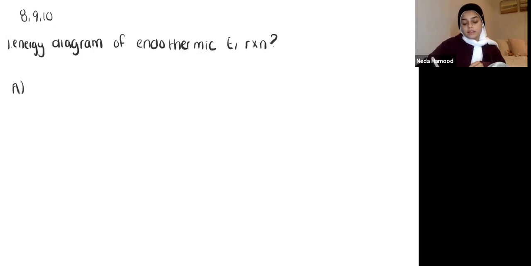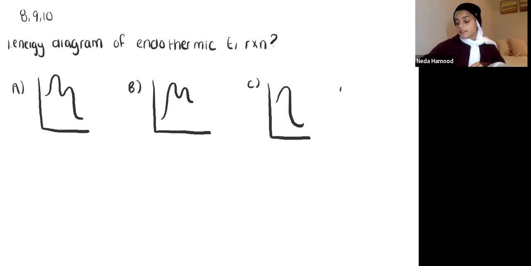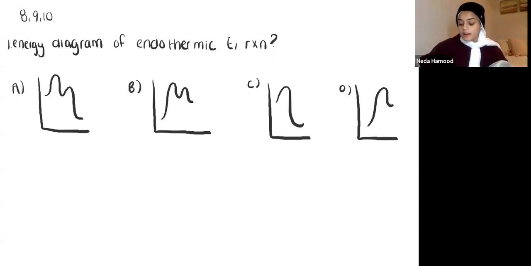So let's say that A is this, B is this, C is this, and D is this. What do you guys think? B. B. So I got a couple of answers for B, and that is correct.